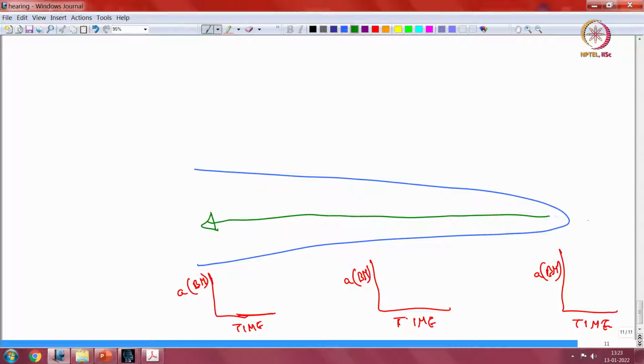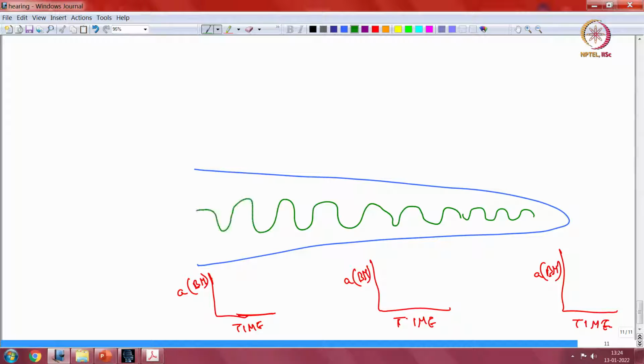Why is it coming this way? Because this is the helicotrema. So, this is the helicotrema, the travelling wave. Maybe I should draw it in a decent way. So, this is a travelling wave coming through the scala tympani, and it is going across the basilar membrane.